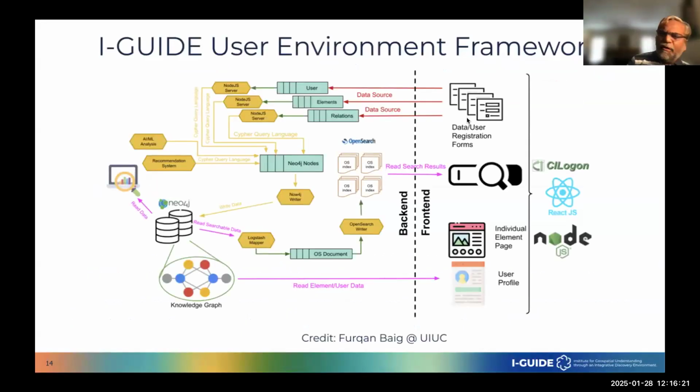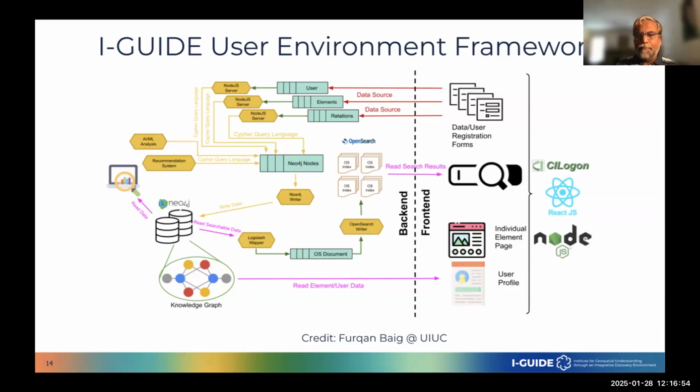I will not go into detail about this, but if any of you are interested in the technical aspect of how we did this, here's a background of the technologies we use. Basically, we are using Neo4j, our graph database, OpenSearch to do the searching, and CILogon for login, which we will discuss shortly, and then Node.js for the front end and back end servers and stuff like that.